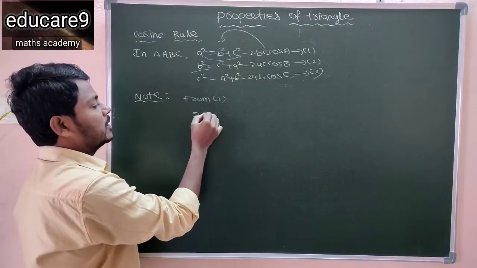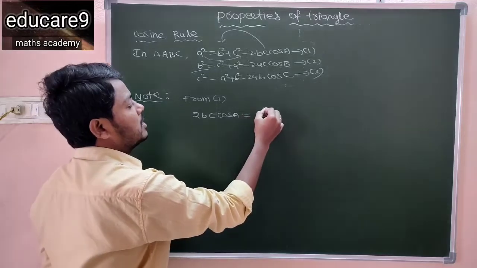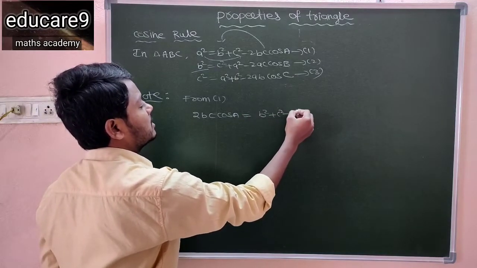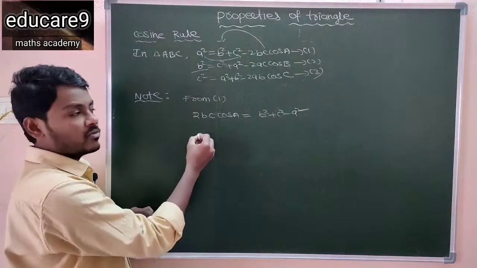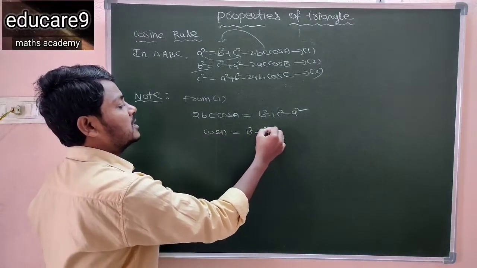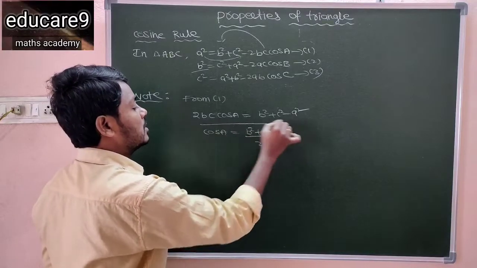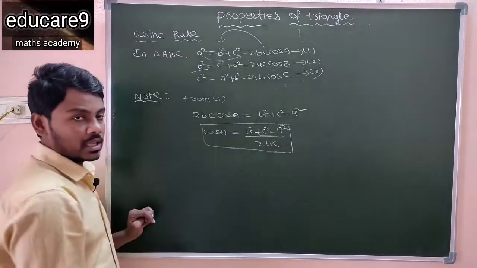Then it becomes 2bc cos A is equal to b squared plus c squared minus a squared. So from this, what is the cos A value? Cos A is equal to (b squared plus c squared minus a squared) by 2bc. So this is the cos A form.